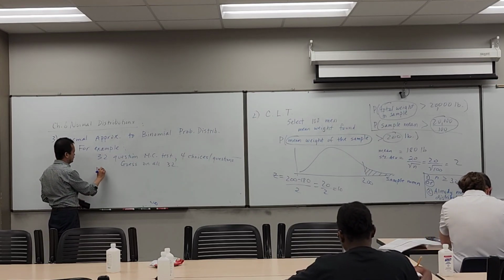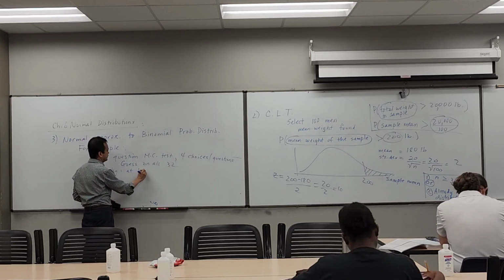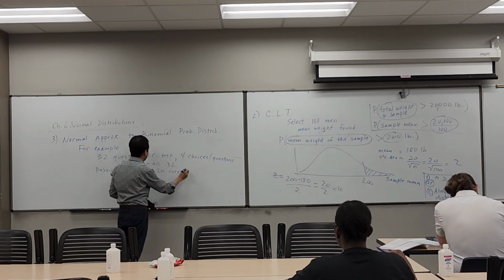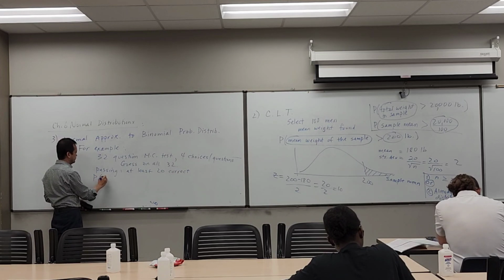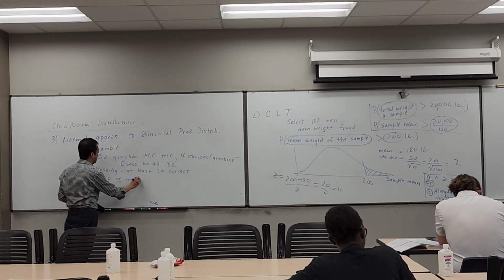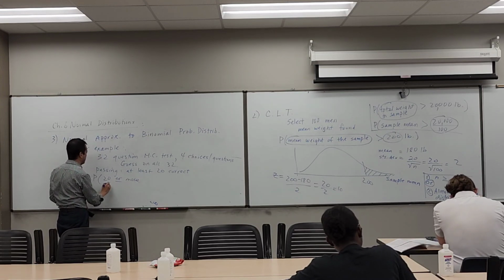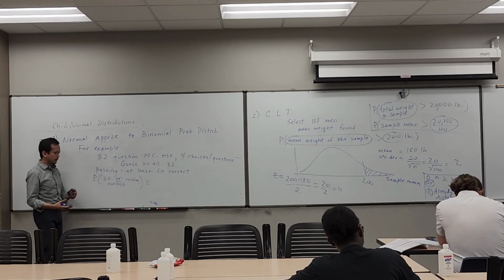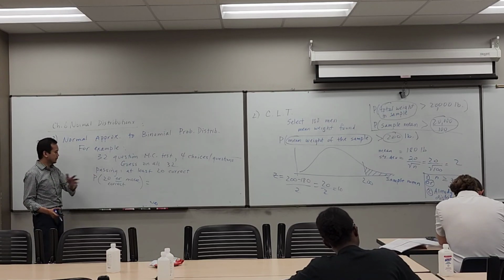So passing is at least 20 questions right. So the probability of passing, or getting at least 20 questions right, is that you either get 20 correct, or 21 correct, or 22 correct, all the way up to 32.